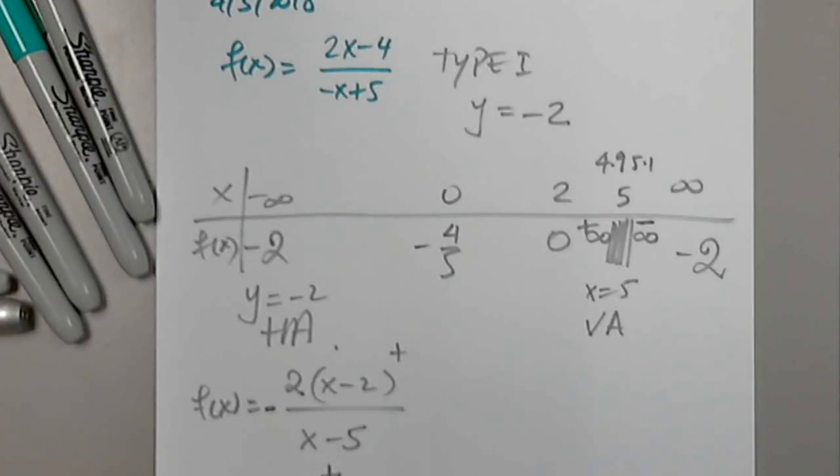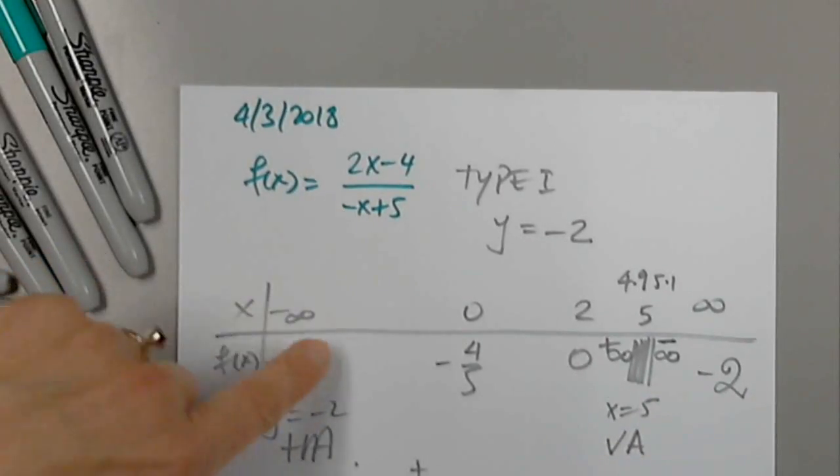And then it crosses the y-axis at 2, 0. So it's 2. It's 5 indeed. From -2. Something is not right. Let's take a look again.